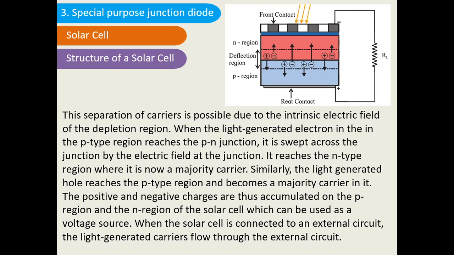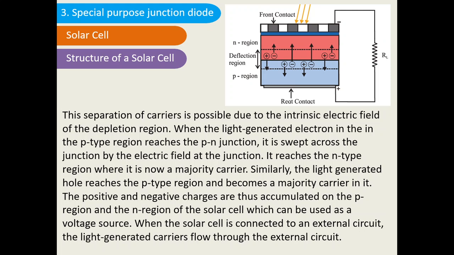The forward bias voltage of 0.7 volts for the silicon substrate is required to cross the junction by the majority charge carriers, while minority charge carriers do not require any extra energy to pass the junction. So they have their own electric field, which is called the intrinsic electric field. Because of this intrinsic electric field only, the separation of charge carriers is possible.